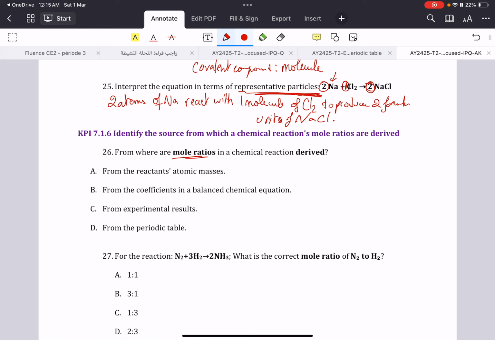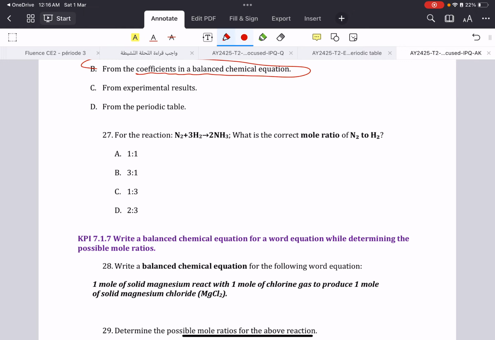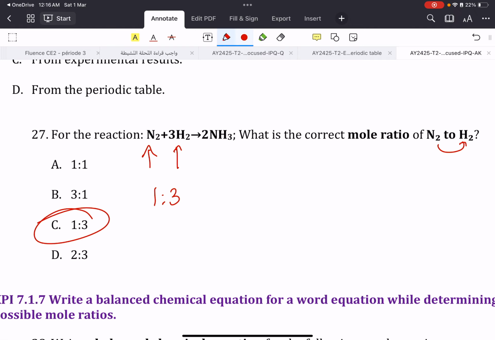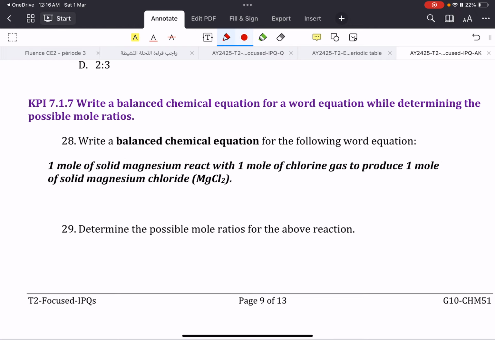So we write the mole ratios from the coefficients in a balanced chemical equation. For the reaction N2 plus 3H2 giving 2NH3, what is the correct mole ratio of N2 to H2? So it's 1 to 3. It is C.